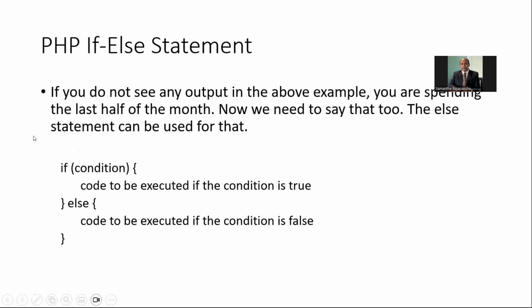These curly brackets indicate the starting point and end point if the condition is true. Else means the condition is false, starting here, ending here. So you need to use curly brackets when you're working with an if condition.